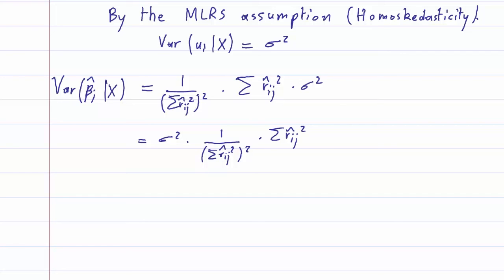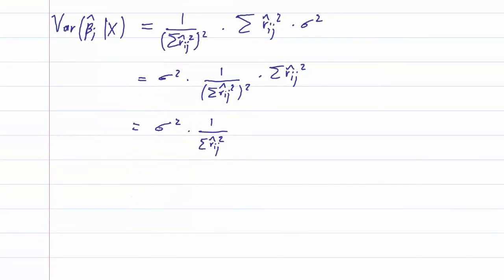And we can see we have the same at the top and the bottom here, except that at the bottom we have a square. So we can divide it, and we end up with sigma squared times 1 over the sum of Rij hat squared, and we just have one square here. The second square cancels out with the top part. So this is the result.